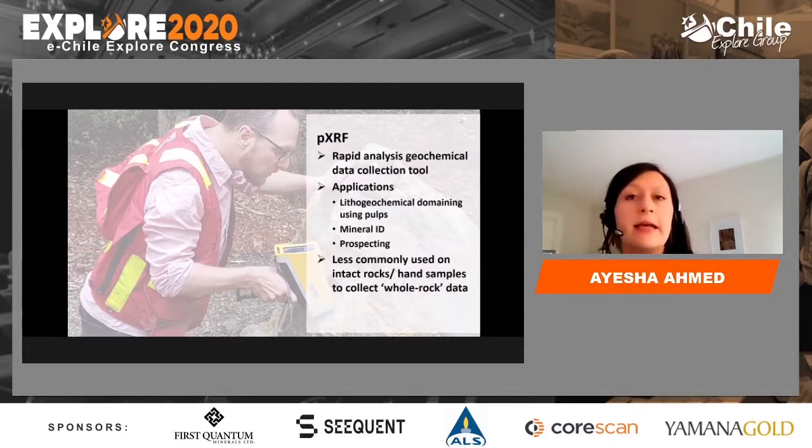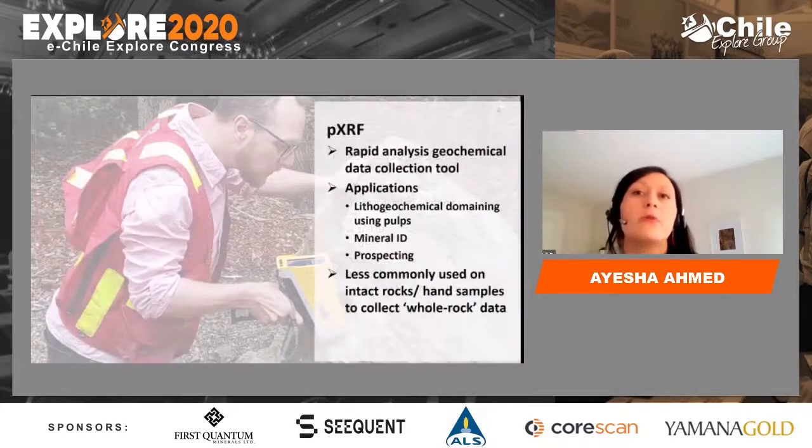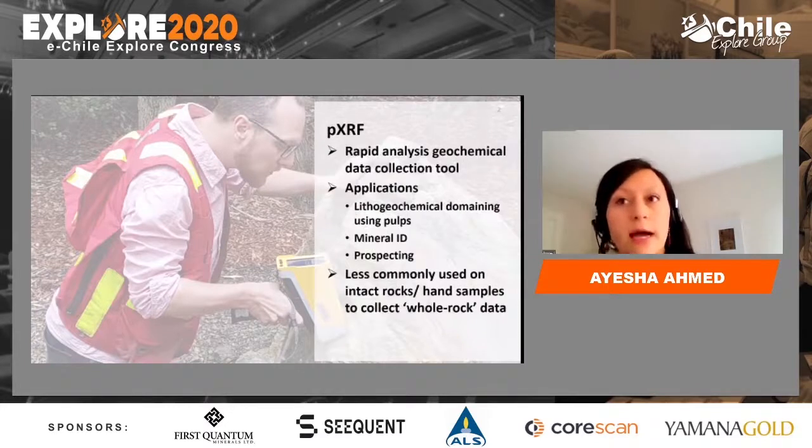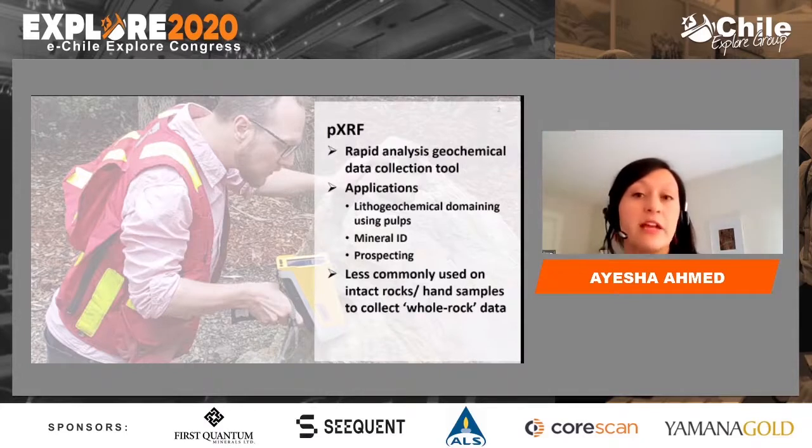Pulps represent a homogeneous sample medium, and this makes them really conducive to generating reliable, reproducible PXRF results. But the PXRF is also used in earlier stage or greenfields exploration, though largely this is to support mineral ID or grade estimates of potentially mineralized samples.